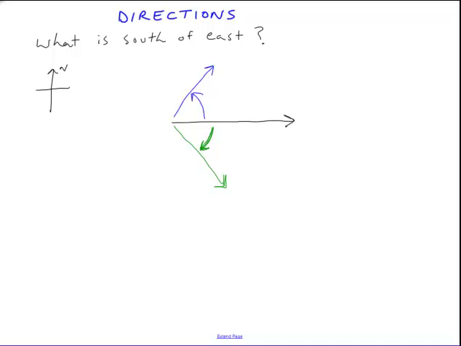Let's say we started off going north. Here I am just going straight up north. What if I went west of north? West of north. So west is over here. That means I'm going this way, west of north. And you can draw it in like that. Now, this right here would be directly west.